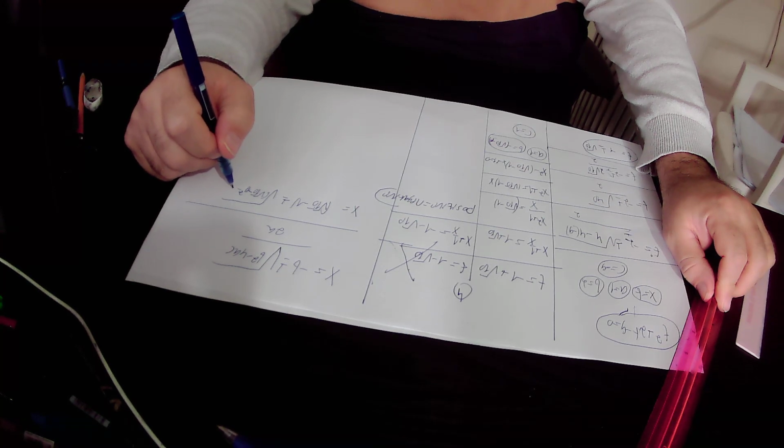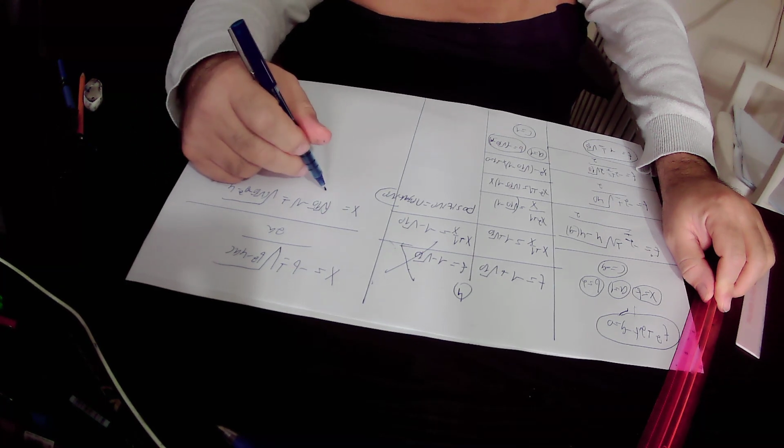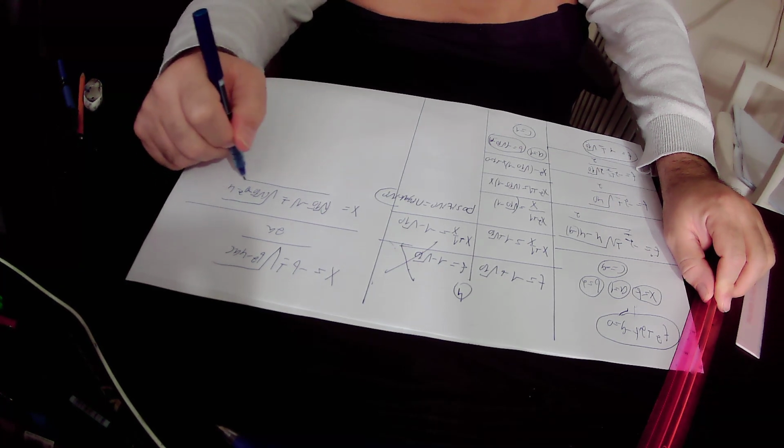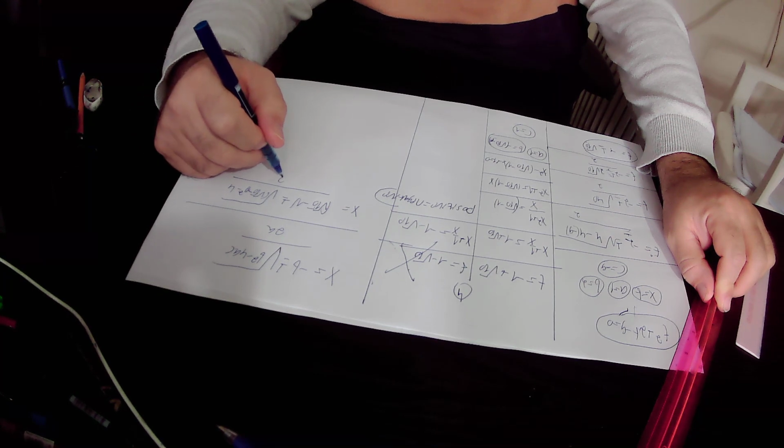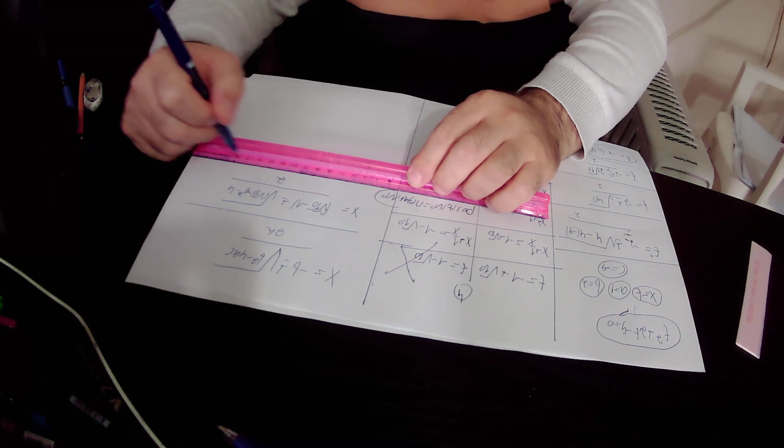A is 1, c is 1, so it is minus 4, all divided by 2a, which is 2 times 1, that is 2.